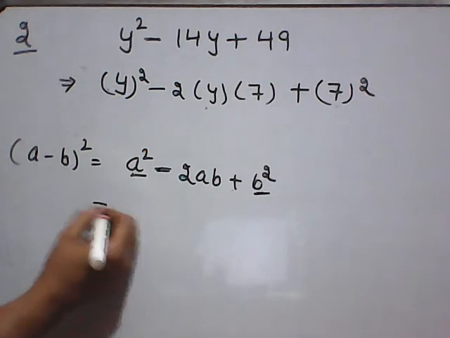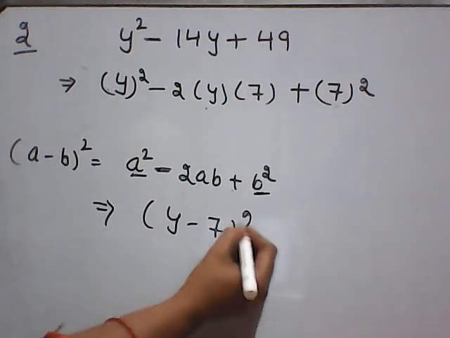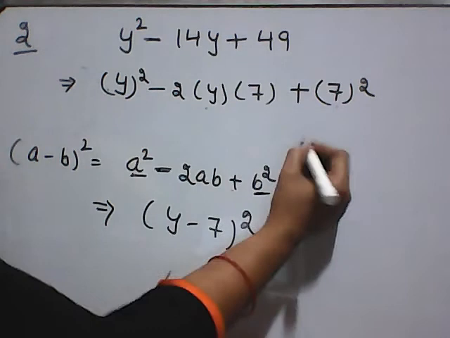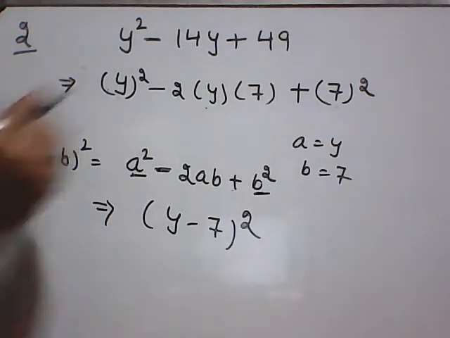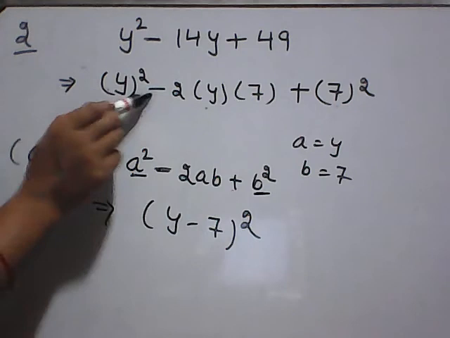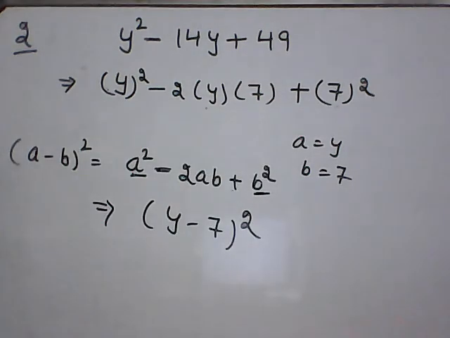So it can be written as (y minus 7) whole square. Here a is y and b is 7. a square minus 2ab plus b square can be written as (a minus b) whole square.